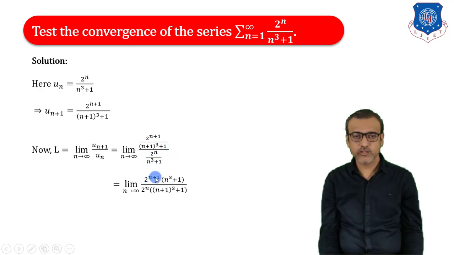We will write 2 raised to n plus 1 as 2 raised to n into 2 raised to 1. We will take n cube common from the term, and from the denominator we will take n common.